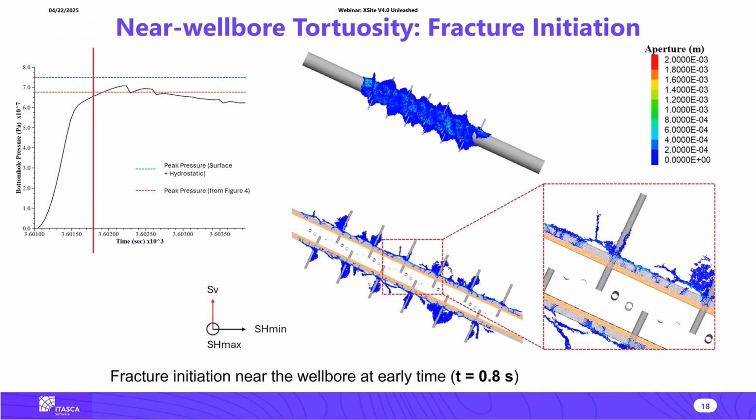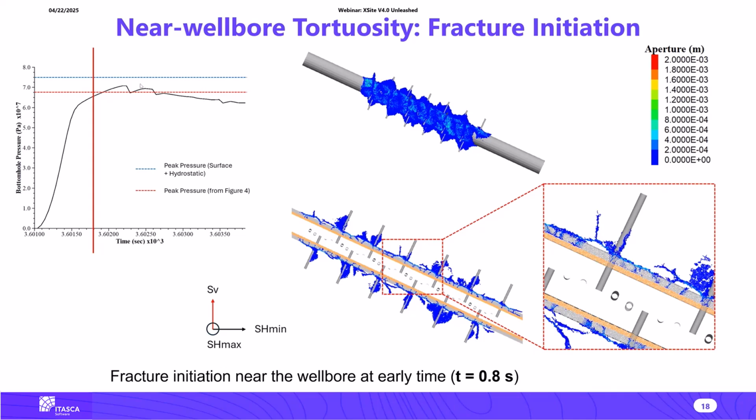So we show the results here, and in this particular case, we assume that there is no DFN in the reservoir or in the rock mass around the well and the perforation. We show the results at different stages at very early times during injection, and here on the upper left corner is the history of the injection pressure. As a reference, this blue and red horizontal line are the bottom hole pressure estimated based on the surface pressures.